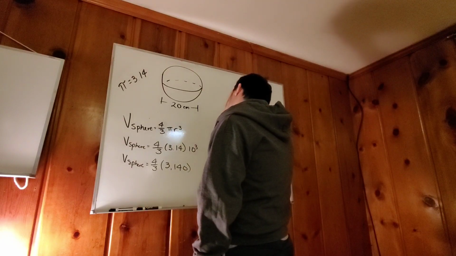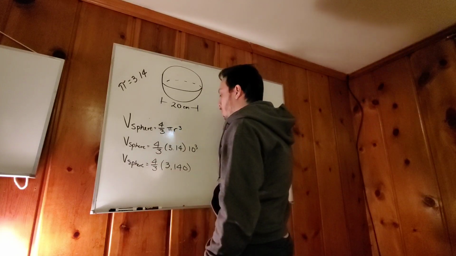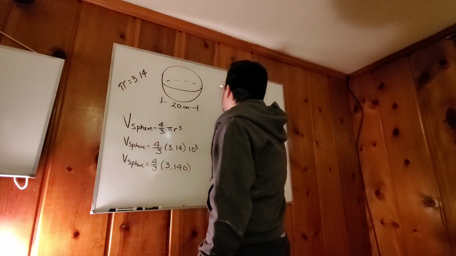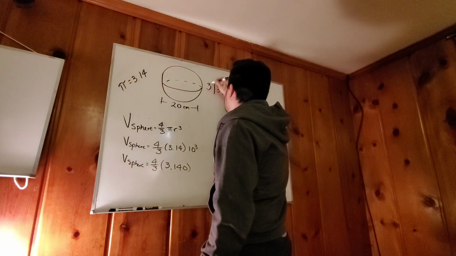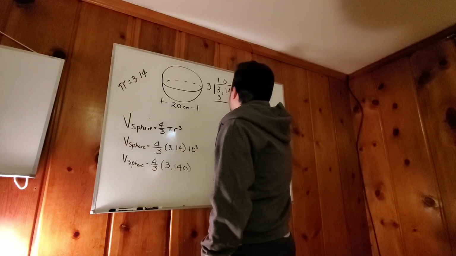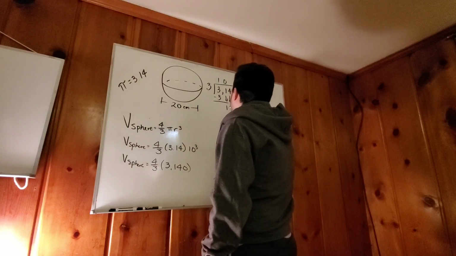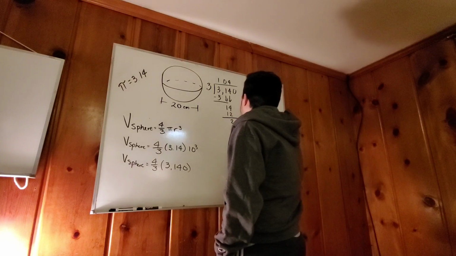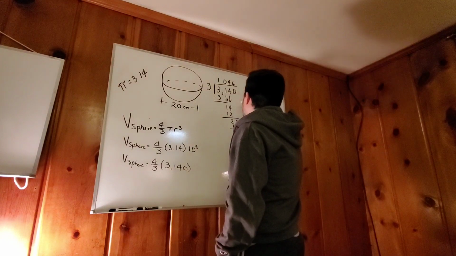So what I'm going to do is divide 3,140 by 3 and then multiply that by 4. 3,140 divided by 3 is 1,046 and 2/3.